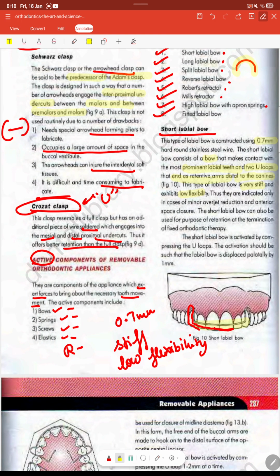The two loops end as retentive arms distal to the canines. You can see these are the loops, U loops.